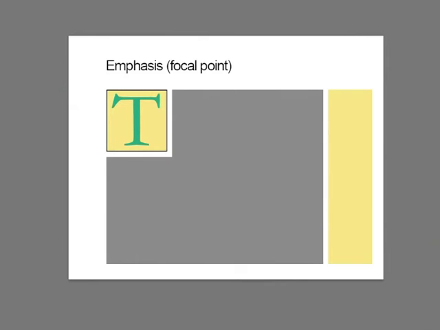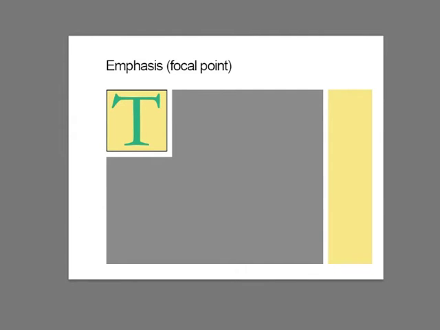Now, every good design needs to have a focal point or a point of emphasis. Here's a really simple example of what focal point can be, and in this case it's the large letter T. If that gray shape there was a paragraph of text, the eye would go to the green T, because if the text were black on a white background, our eye goes to the scale of the T and also to the fact that it's in color.